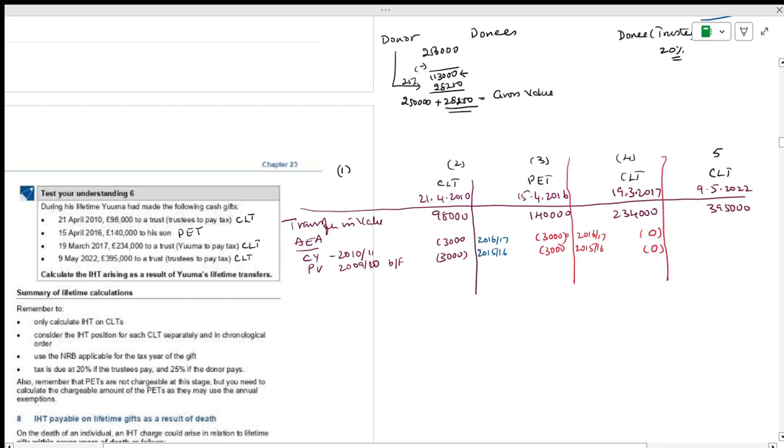Next it is 2022-23 and 2021-22. Check the answer; if I am doing wrong, identify it. Now how much will you get? 98 minus 6, 92,000. 140 minus 6, 134,000.